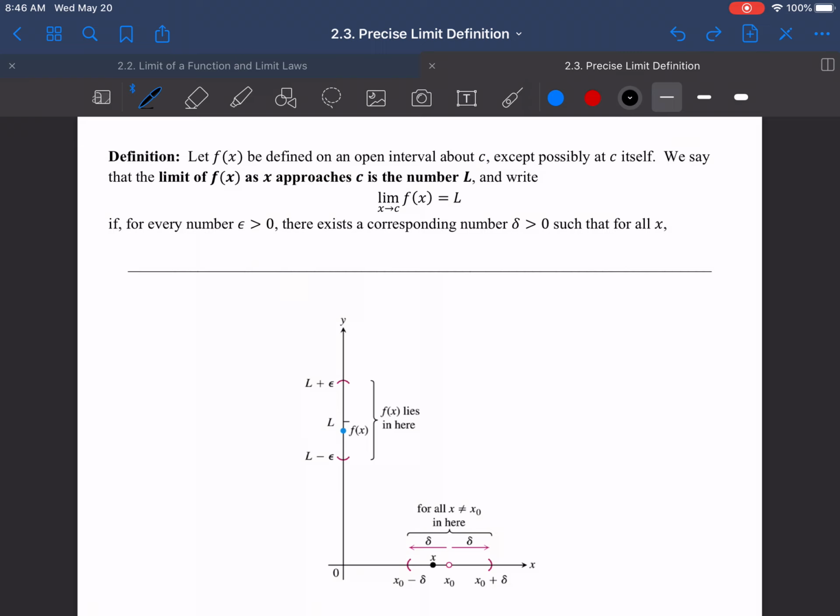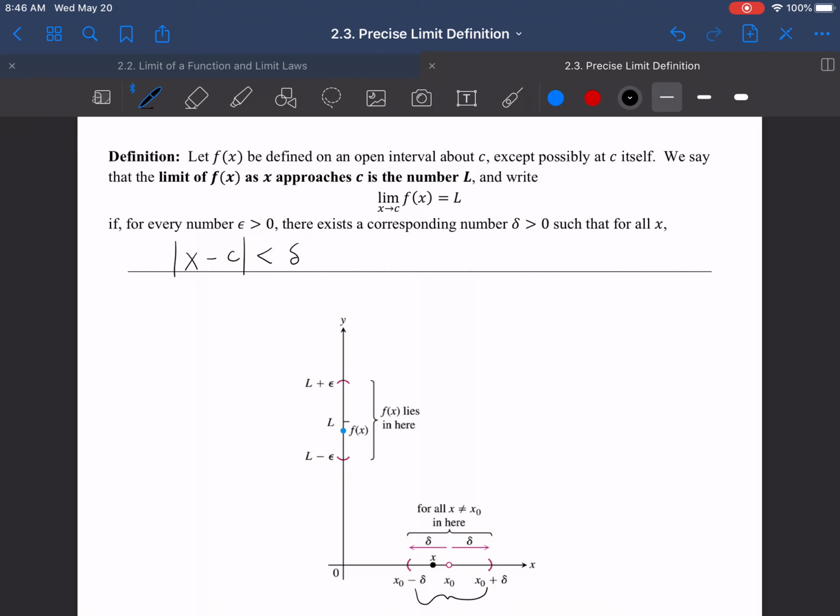If for every number epsilon greater than 0, there exists a corresponding number delta greater than 0, such that for all x, the absolute value of x minus c is less than delta. So we're going to be within that delta range, right? We're going to be somewhere in here.